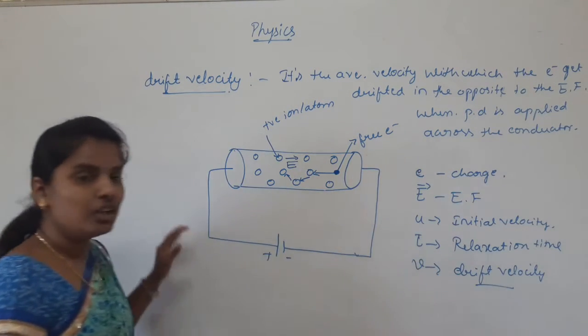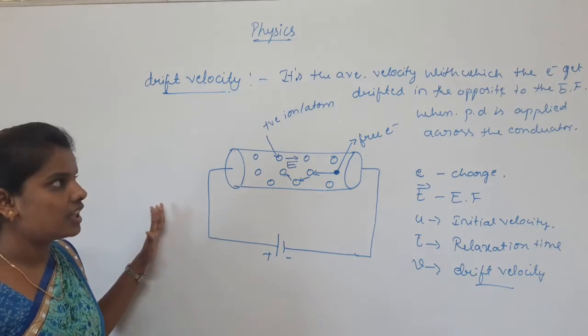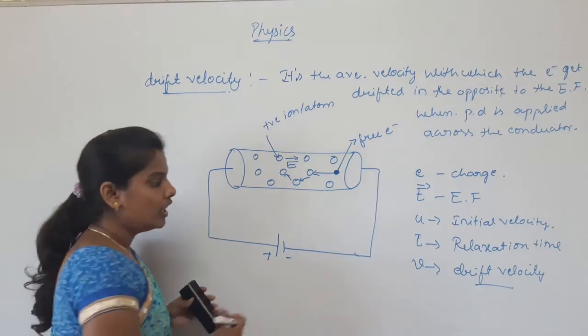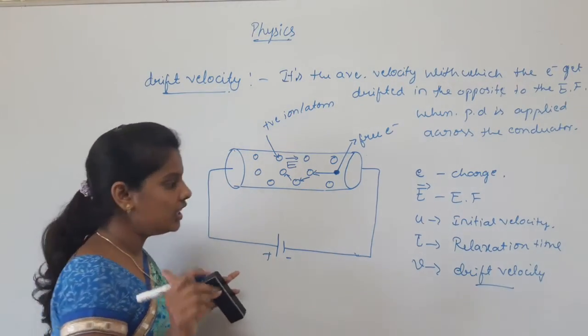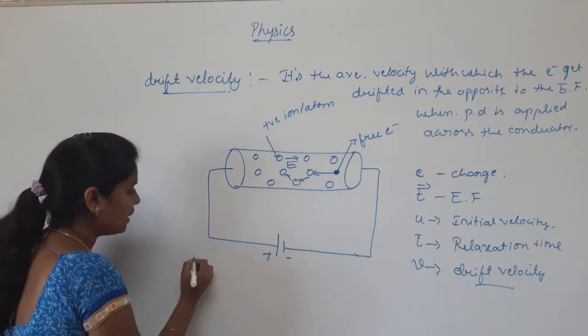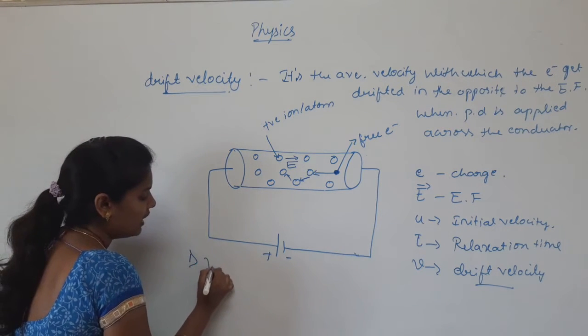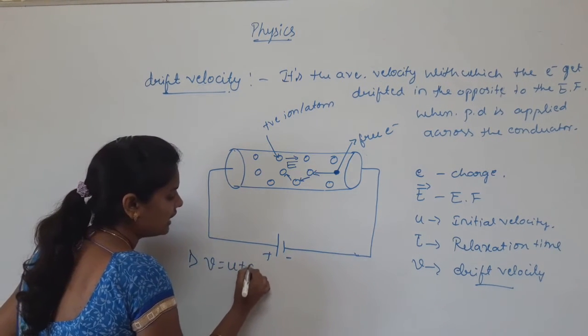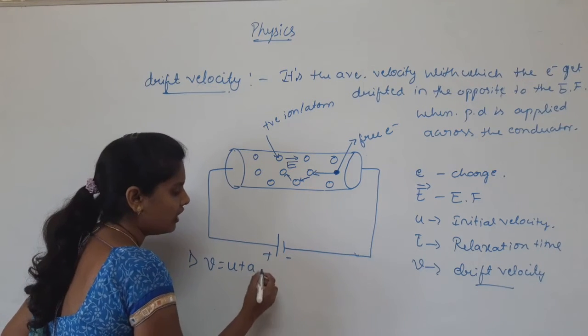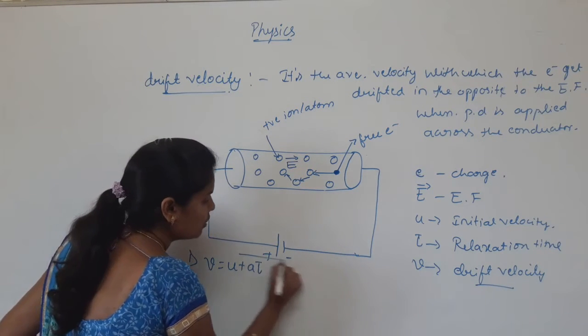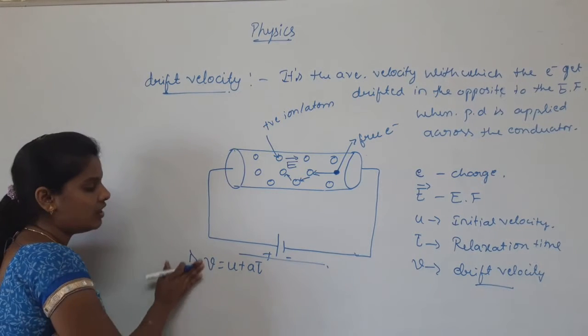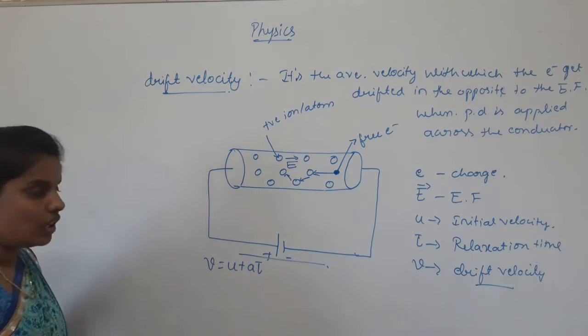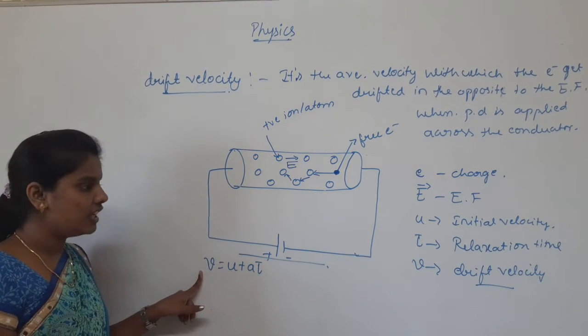We know, as studied in first PUC, there are three equations of motion. In that, the first equation is v equals u plus at. Instead of t, we are using tau here.